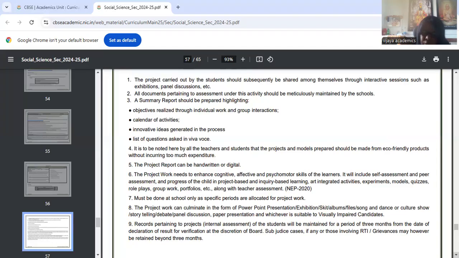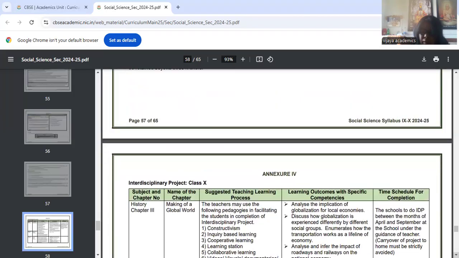A record pertaining to the projects internal assessment of the students will be maintained for a period of 3 months from the date of declaration of result for verification at the discretion of the board. Sub judice cases, if any, or those involving RTI grievances may, however, be retained beyond 3 months.